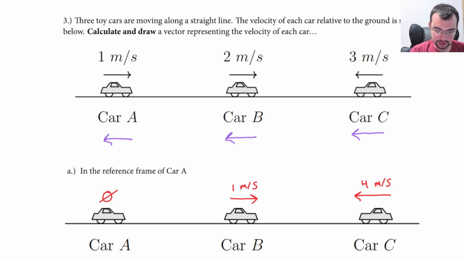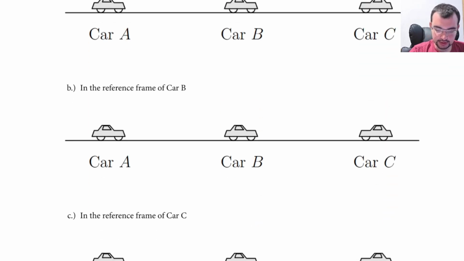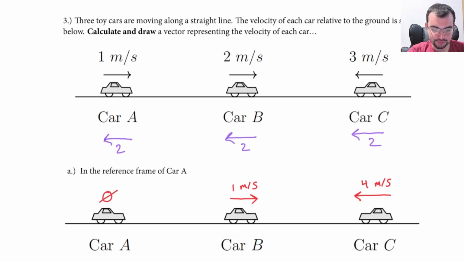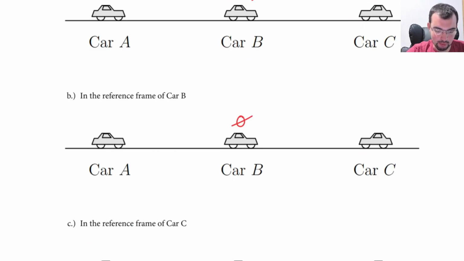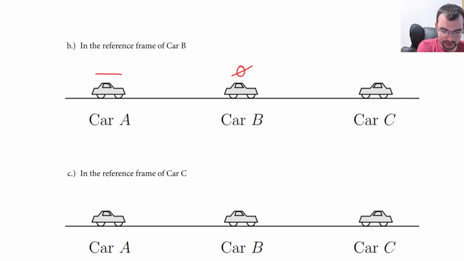Now, car B, well, for car B's reference frame, it's also moving to the left, but at 2 meters per second. So we can just change this. So, of course, as expected, the 2's go away. Car B doesn't think they're moving. And if they observe, they actually see car A moving backwards at 1 meter per second because -2 and 1 is -1.